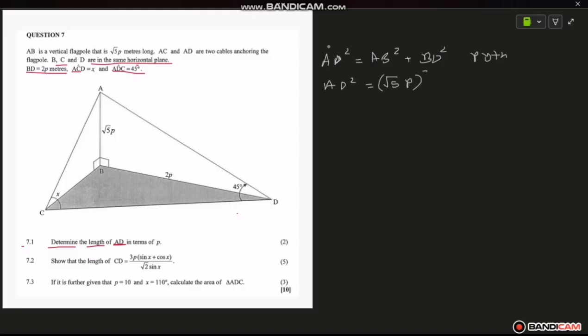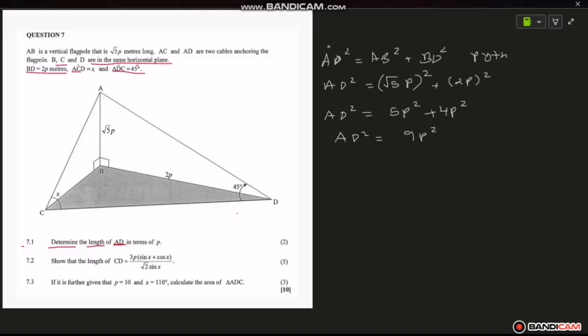Remember, the P is not under the square root, plus BD, which is 2P. Don't forget the squared. Then we simplify it further. AD squared equal to 5P squared plus 4P squared. Therefore, AD squared equals 9P squared.